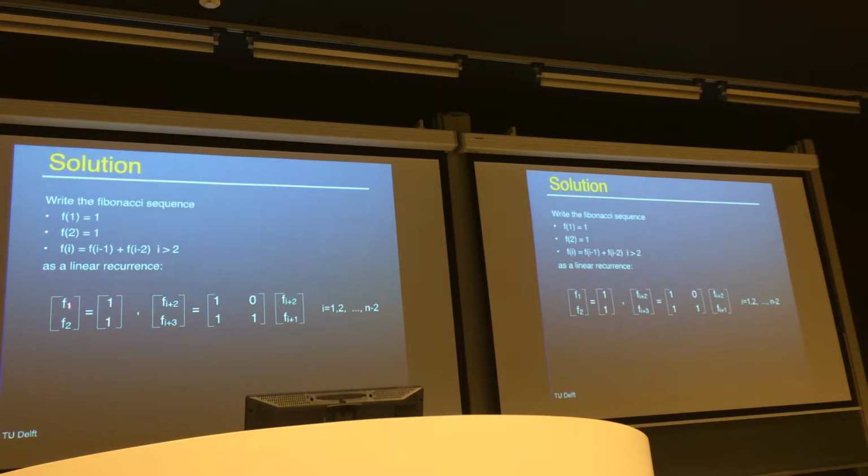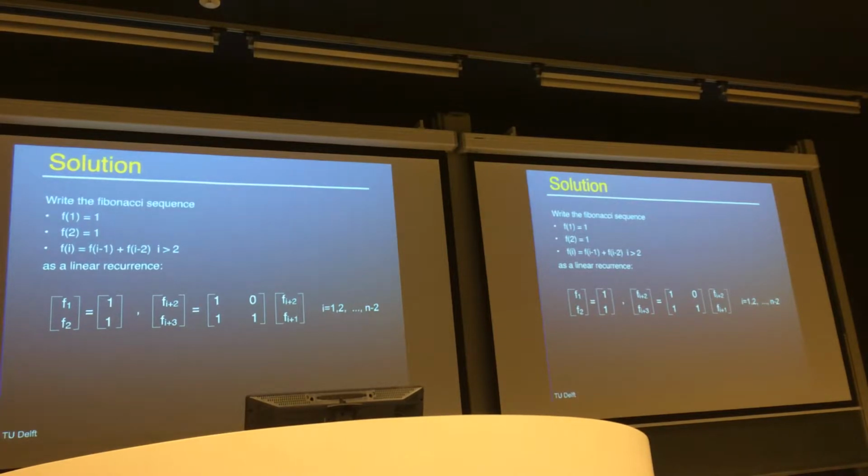That vector of constants is equal to (1, 1), the starting point of the series. Then you rewrite the remaining ones, the real recurrence, into a matrix recurrence equation as follows: Fi plus 2 equals Fi plus 2, and Fi plus 3 equals Fi plus 2 plus Fi plus 1, for i equals 1, 2, until n minus 2.